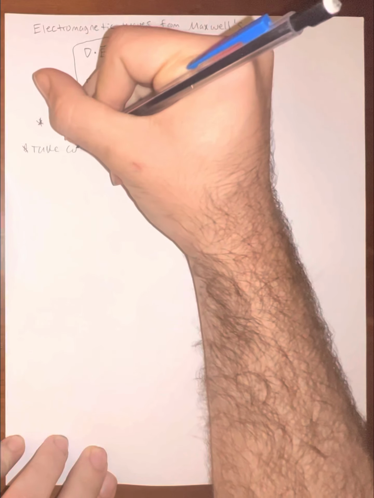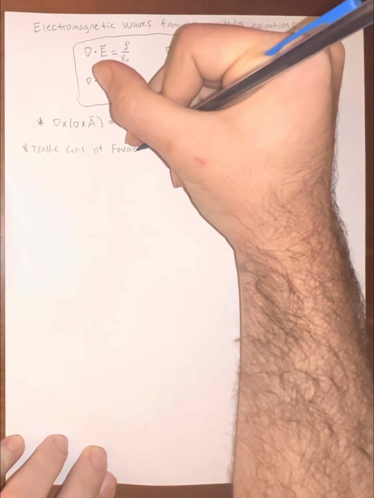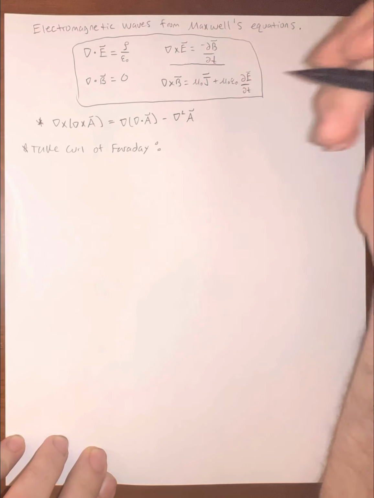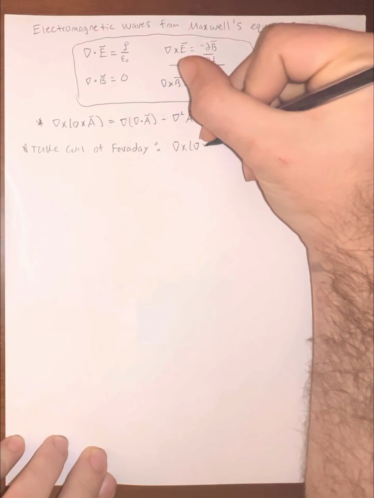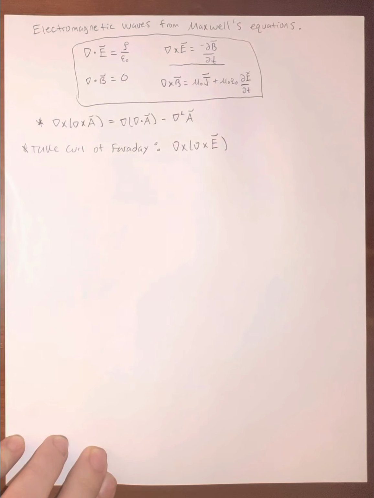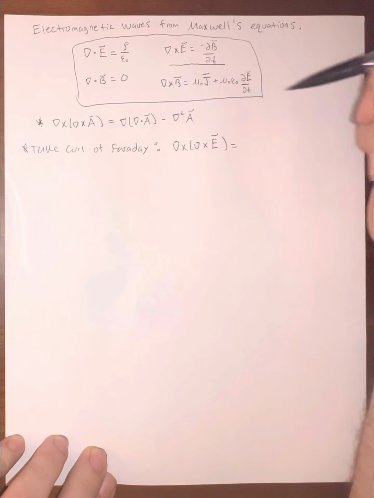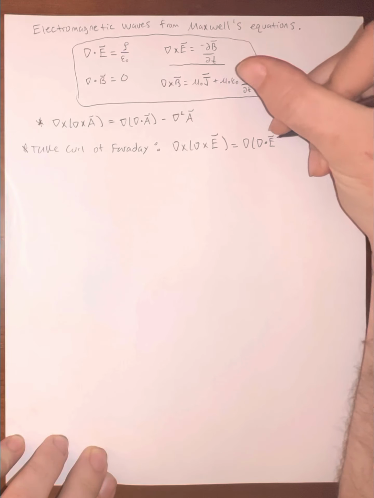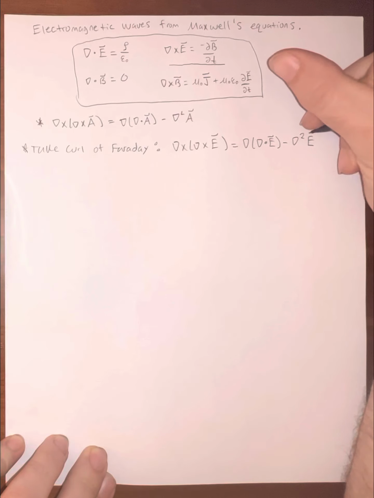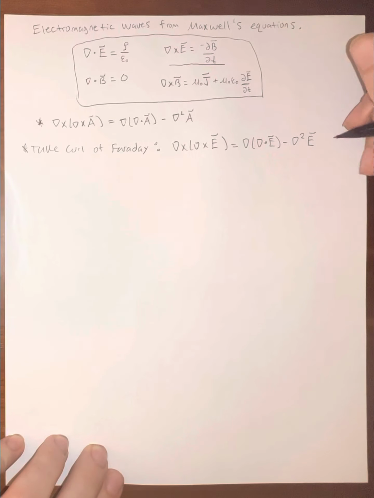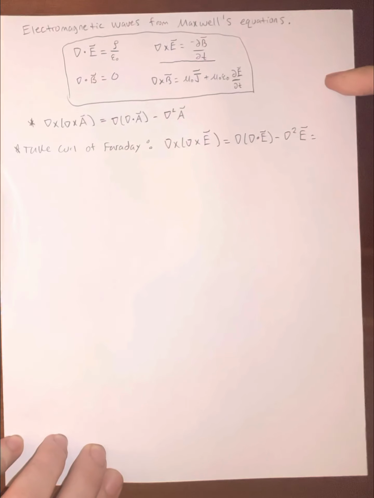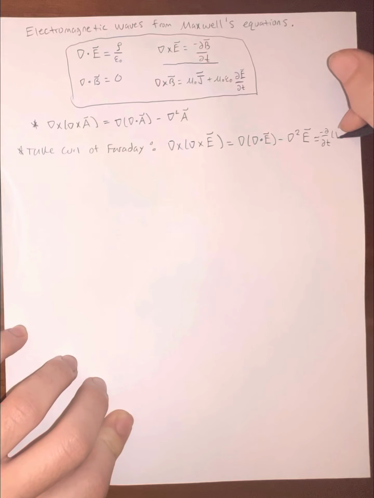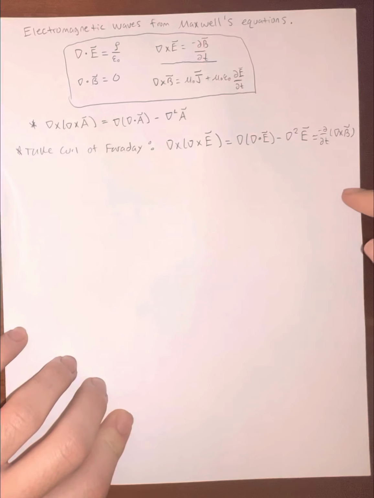So take the curl of Faraday, and we see that del cross del cross E, just using this identity, is just del times the divergence of E minus the Laplacian of E. And then we could plug in the other side for the dB dt, and we just see that it's negative d dt of the curl of B. Okay?